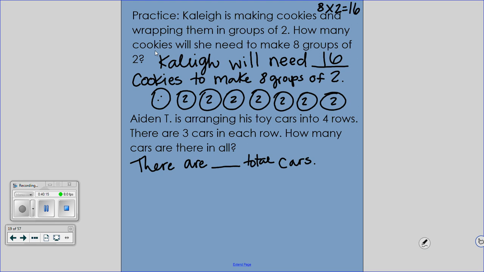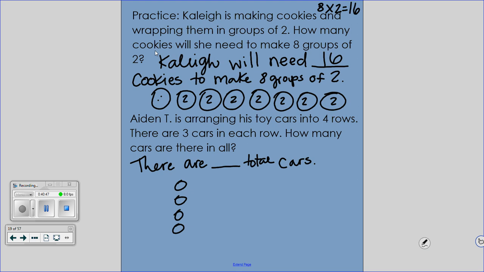Now in this problem, he's arranging things into rows and columns. So instead of doing a bar model, and instead of doing circles and dots, I think I'm going to make an array, because it tells me rows and how many are in each row. So it says there are 4 rows. 1, 2, 3, 4.